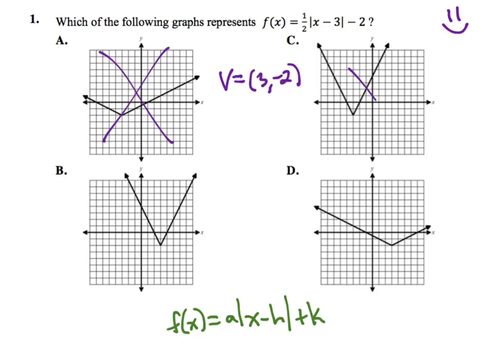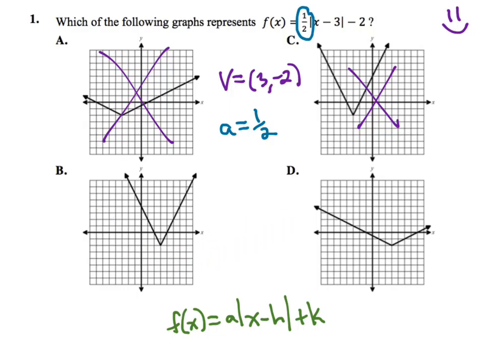Well, we can instantly eliminate those two possibilities. And then we just need to look at our slope for the right half, our rate of change. And what do we have there? Well, we have our a, which is 1/2. So does that mean that it's going to be stretched or compressed?